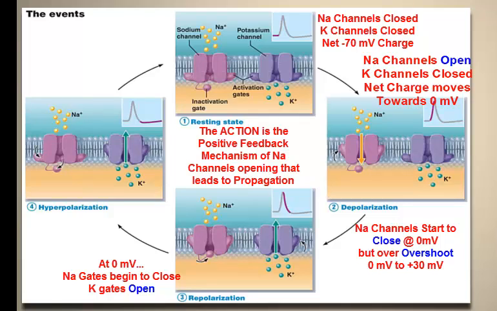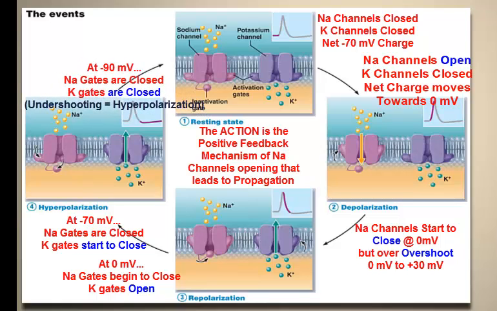Now, repolarization, as we said, will go back to the resting state of negative 70 millivolts. But once it hits that negative 70 millivolts, that will trigger closing of the potassium gates. They close a little bit quicker, but it still takes a moment or so. And so we see that the charge actually goes below the negative 70, somewhere around a negative 90 millivolt charge. It undershoots.